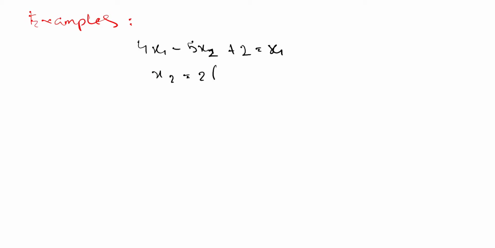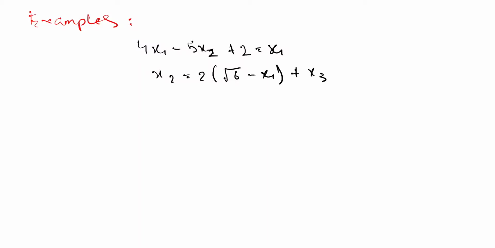I will be giving you some examples about linear equations, how they look in the basic form. Equations like this: 4x1 minus 5x2 plus 2 is equal to x1, and the other equation x2 is equal to 2 times the square root of 6 minus x1 plus x3.